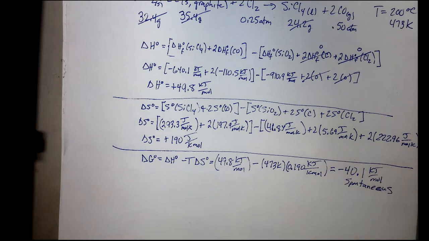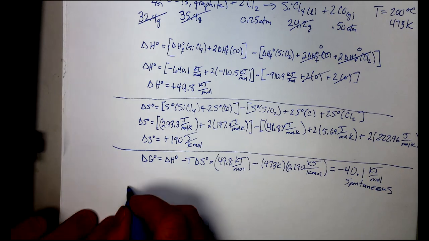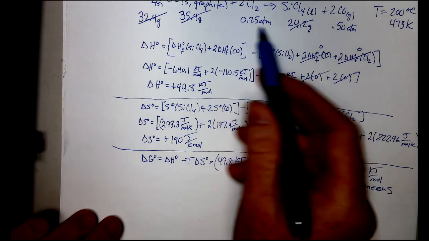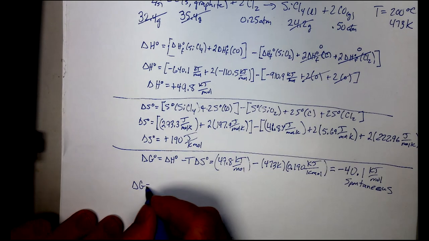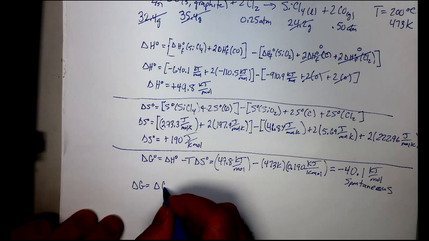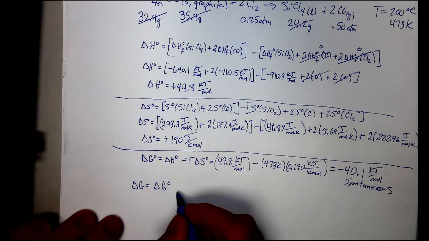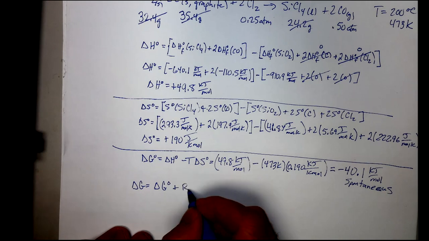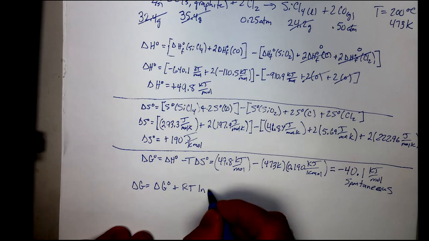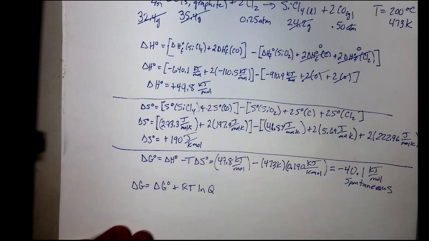Under standard conditions. Non-standard temperature, but otherwise standard conditions. Now, if I want to get the delta G under these conditions, that is these pressure conditions, I'm going to have to use delta G equals delta G standard, which I just calculated, plus RT ln of Q. What's Q?